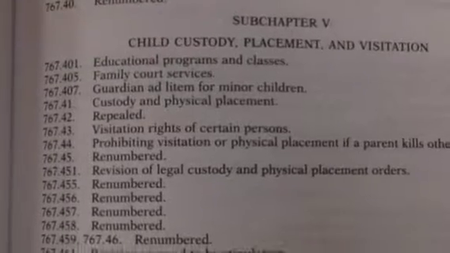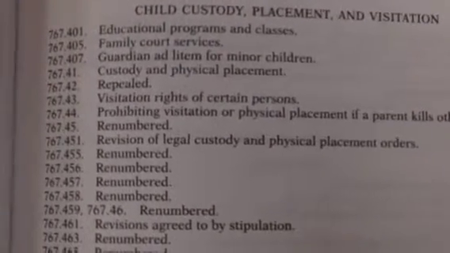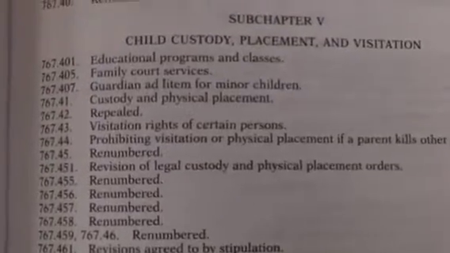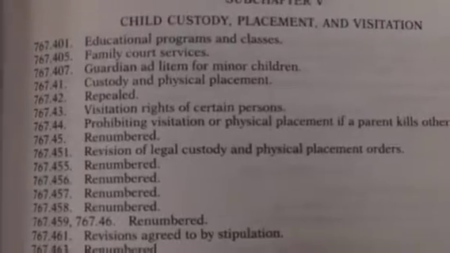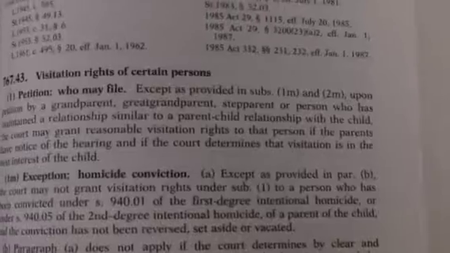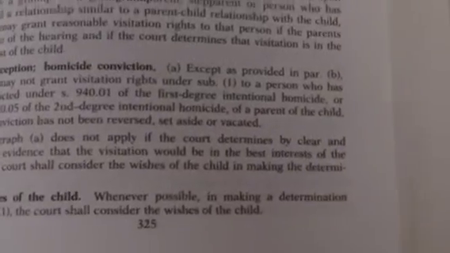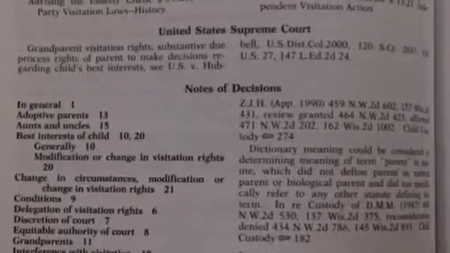So we can look through here and we can see some of the statutes have been renumbered, but we want to look at the different physical placement orders, etc. And what we do is let's look at visitation rights of certain persons under 767.43. This is a statute that talks about the visitation of different people, including grandparents, homicide convictions, wishes of a child, etc. After the statute, there are notes of decisions.